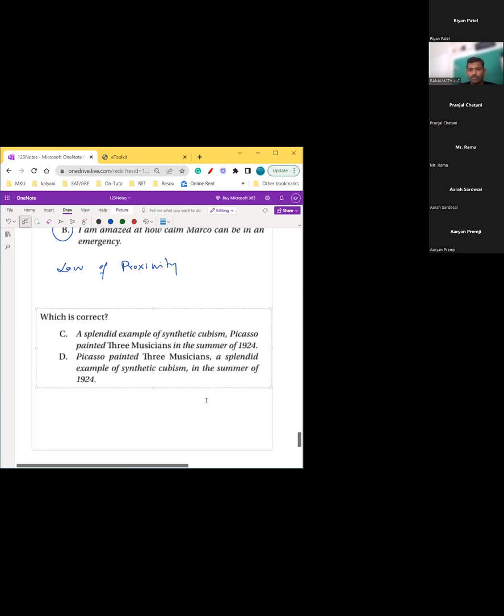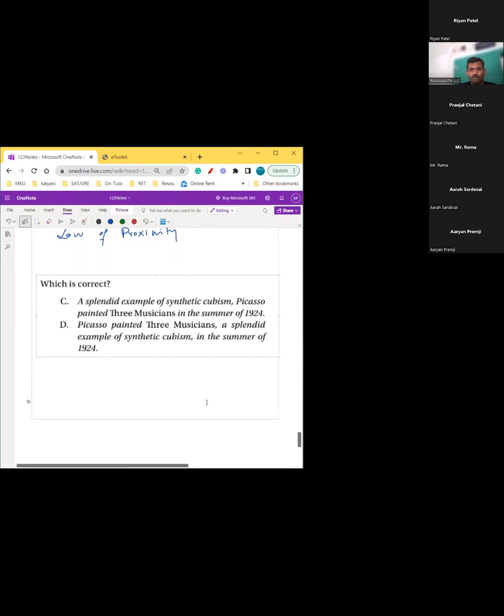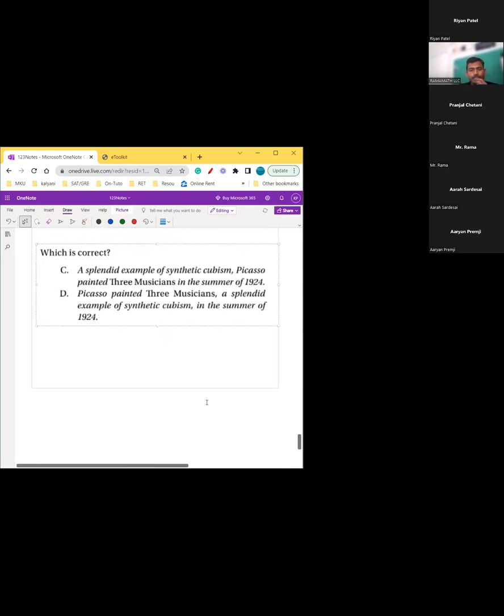Naitik, can you please read this one for us? Which is correct. C, a splendid example of synthetic cubism, Picasso painted three musicians in the summer of 1924. D, Picasso painted three musicians, a splendid example of synthetic cubism, in the summer of 1924. So which one do you think is a little better answer for this?